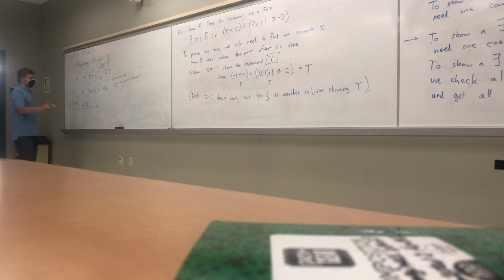This can be any statement at all, so I'll just put a P here, such that P. So same thing applies. P can be any statement at all. And when you apply the negation to a there exists, it turns the there exists into a for all. It keeps the X element of S, turns the such that into a comma, and P into not P. So that comma there is kind of important.